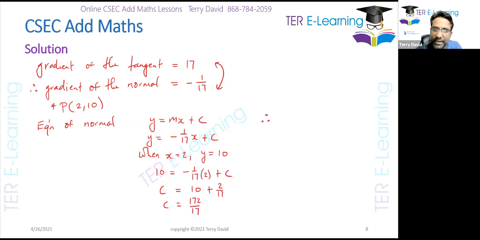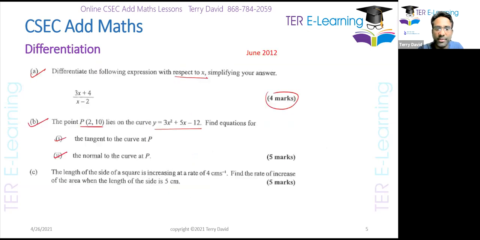So therefore, my equation of my normal is going to be y is equal to minus 1 over 17x plus 172 over 17. So that's my answer there for the second part. That is the equation of the normal.